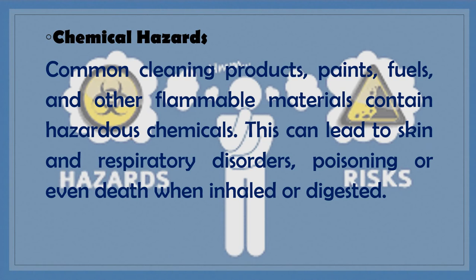We can use jackets if we don't have a coverall shirts. So we can use jackets, okay? Face mask or a specific mask that can be used for chemical hazards. So from that, we can protect our body from chemical hazards.